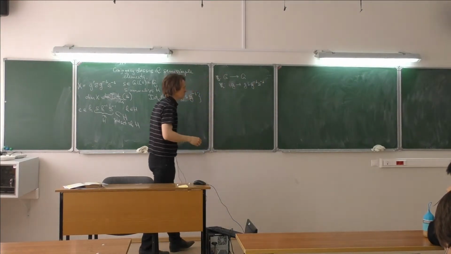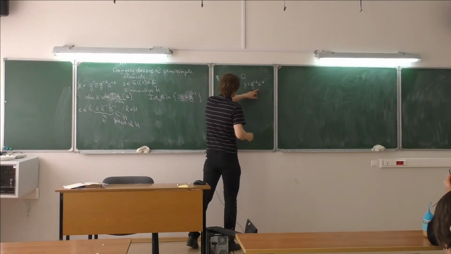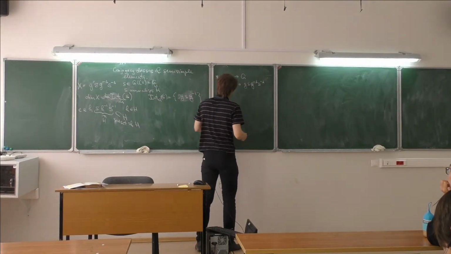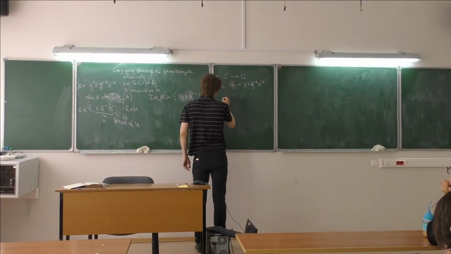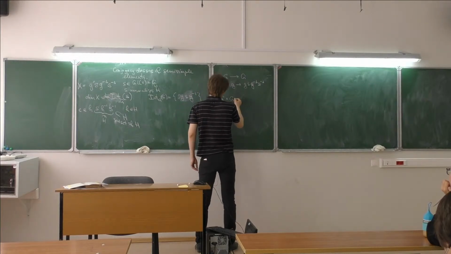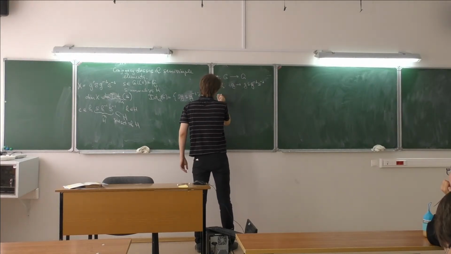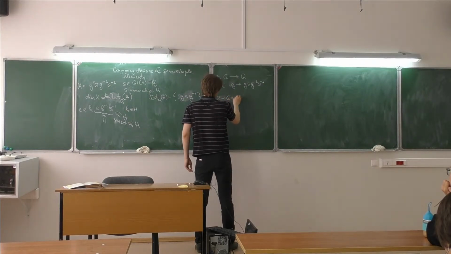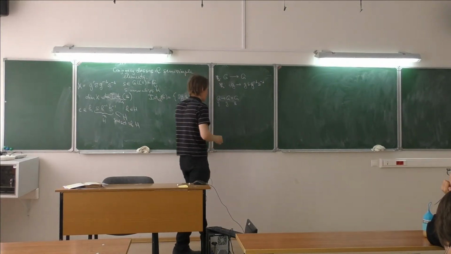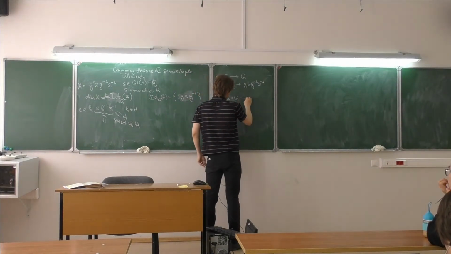And I claim that this can be viewed as the following. This can be viewed as a map from G, so you can just, of course, take G, embed it into G times G by writing down S, fixed S, and then you can do the following.